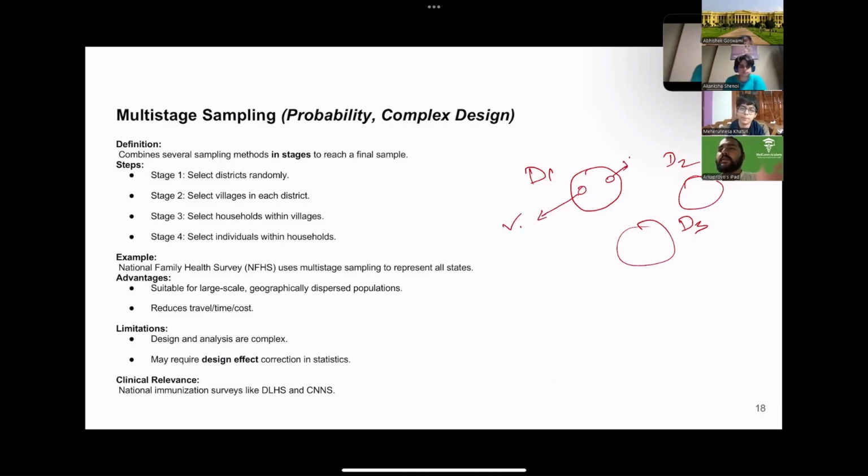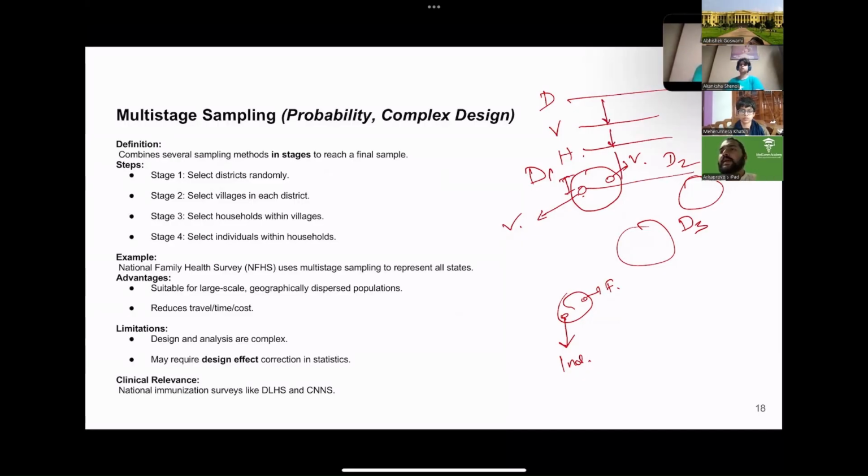From each village you select certain families, and from these families you select individuals. So it's multi-stage. First is your district, then your village, then your household, then your individuals. So at every stage you are sampling, right?